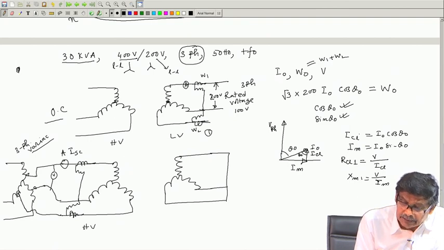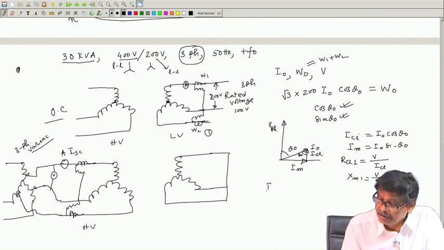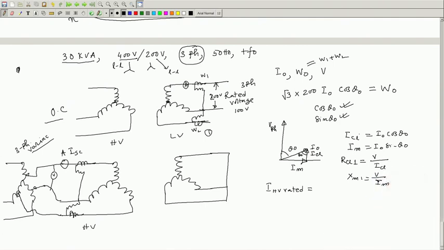How much voltage should I apply so that rated current flows? What is the rated current on the HV side, IHV rated? It will be 30,000 kVA by root 3 into 400, approximately how much will it come? 43 ampere, say 43 ampere.